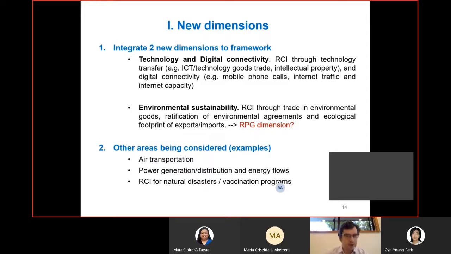Power generation and distribution and energy flows is an important dimension for some of the sub-regions where we work. And the third one is related to the role of ARCII on natural disasters and regional public health initiatives such as vaccination programs. So let me show you what we are considering now for the first dimension.